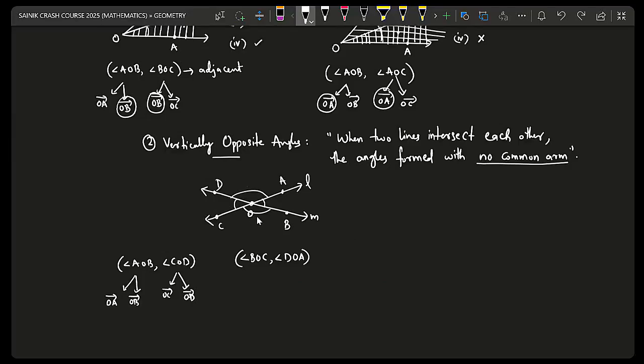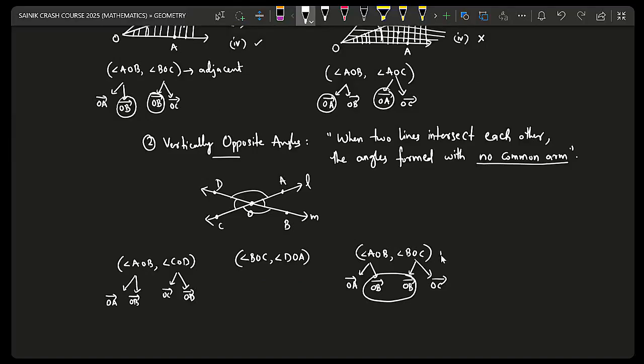Okay, let's take one more pair which is not a pair of vertically opposite angles. I want to take angle AOB and angle BOC. I want to check whether this pair is a pair of vertically opposite angles or not. AOB, what are the arms? Ray OA, ray OB. BOC, what are the arms? Ray OB and ray OC. Is there any common arm? Yes, OB is the common arm. But according to the condition, they should not have any common arm.